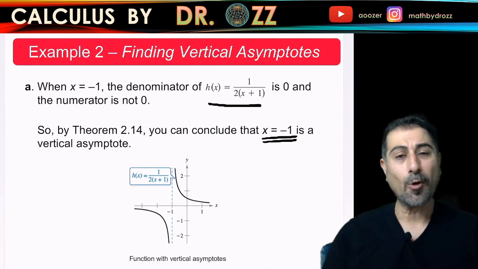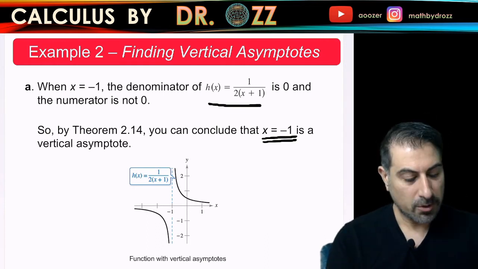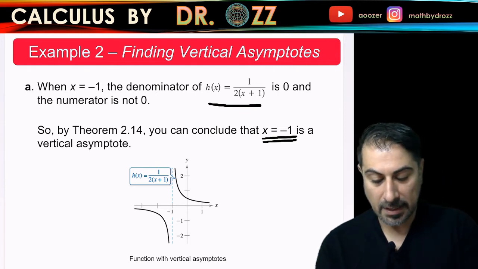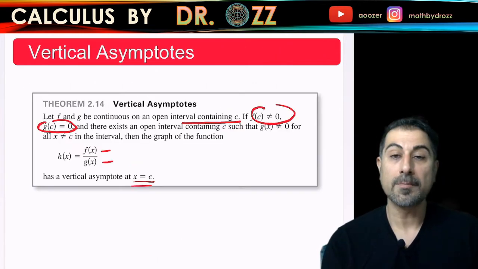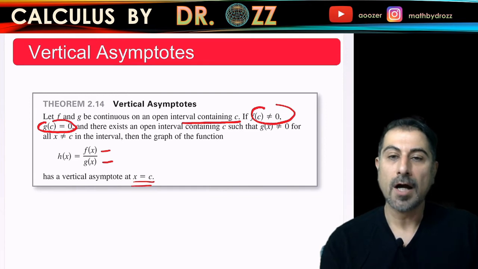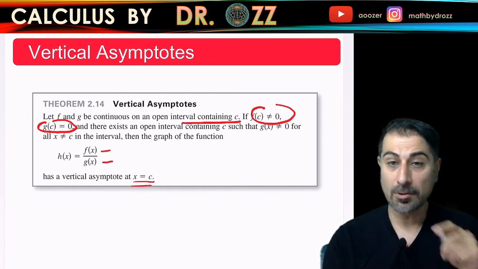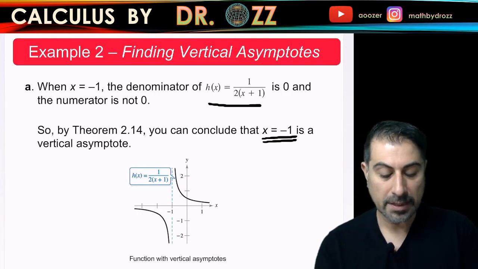Once you pinpoint a vertical asymptote, which qualifies for this scenario, meaning the point that you search for makes the numerator non-zero but the denominator 0, you can go ahead and write down the two limits.